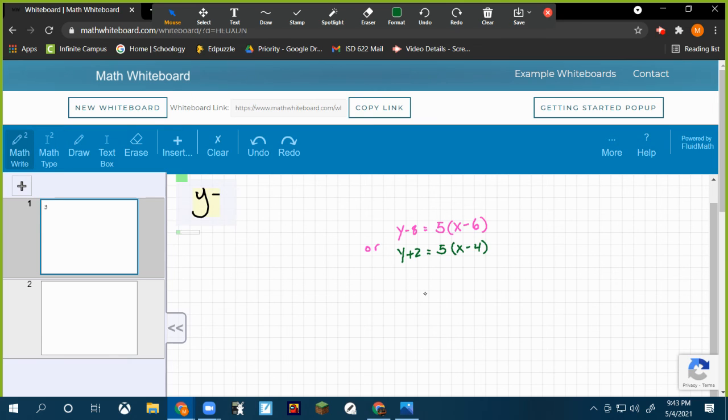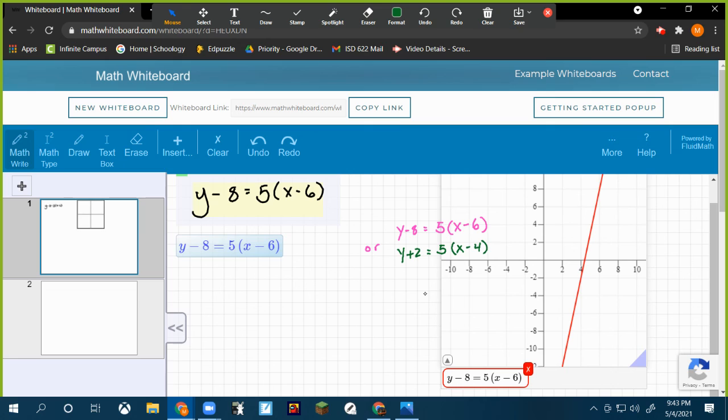So we have y minus 8 equals 5 times x minus 6. Let's make sure that's correct. I have noticed that when I write on here, sometimes I do get some stuff wrong. I got to erase. To create a graph, we're just going to draw into a new spot. Boom, there's a line.